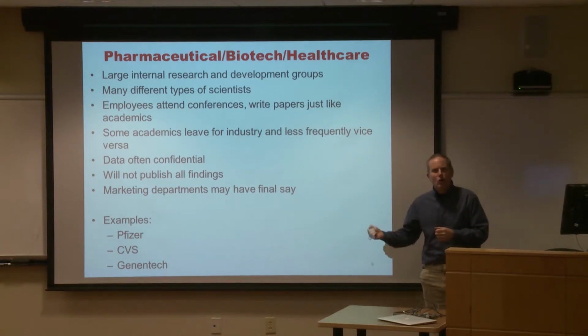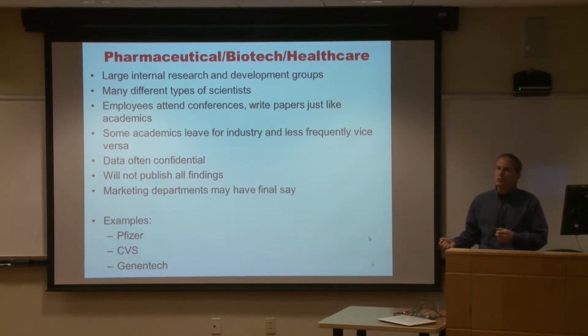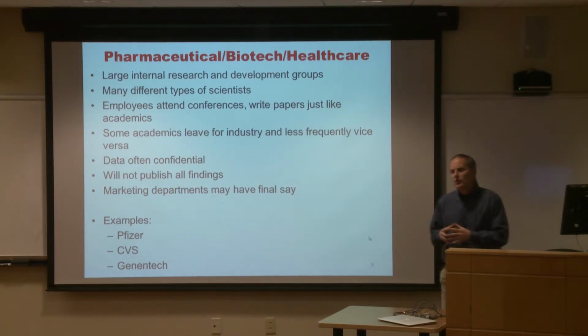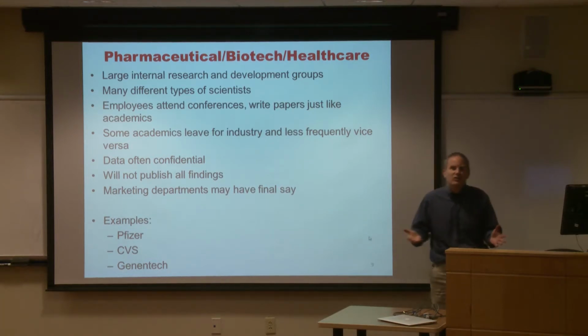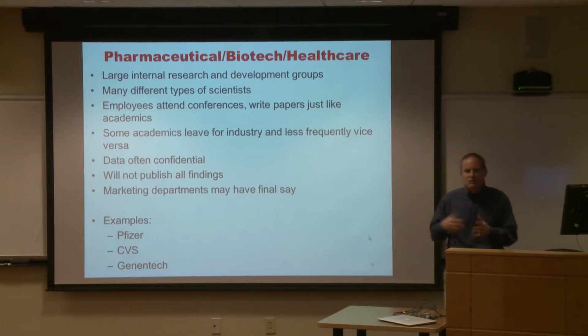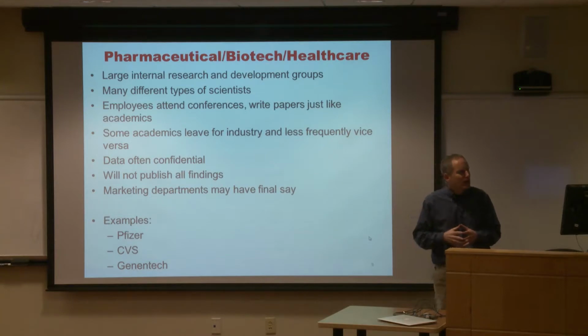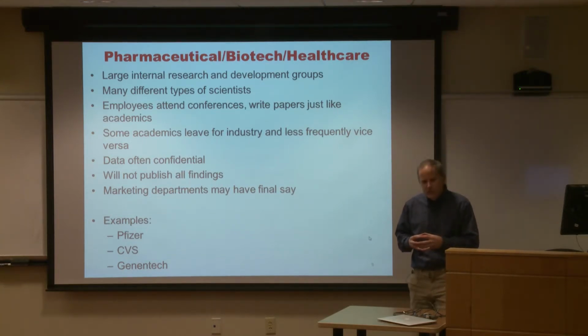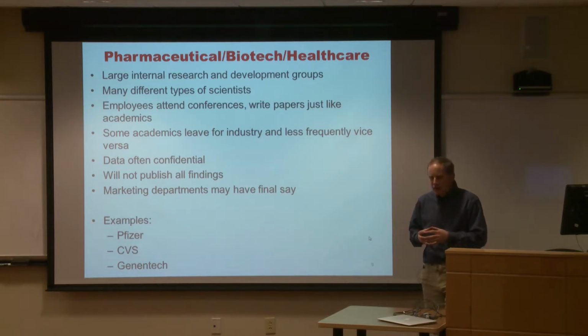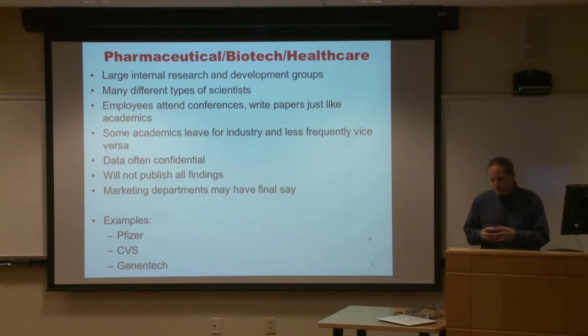Now, when you do go to work for a company, obviously the data that you are working with are oftentimes confidential, right? The company doesn't want this information out, so you're sworn to secrecy, and there are all kinds of issues. We've talked about the limitations on publication, and a lot of times the marketing department is going to have the final say. So years ago, I worked on a vaccine for Lyme disease with a company.